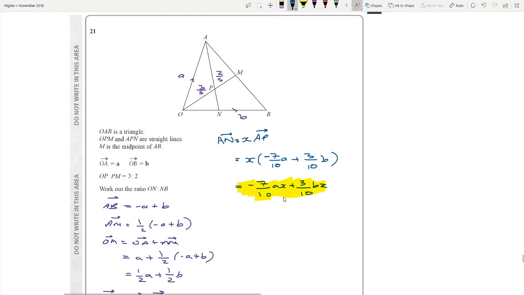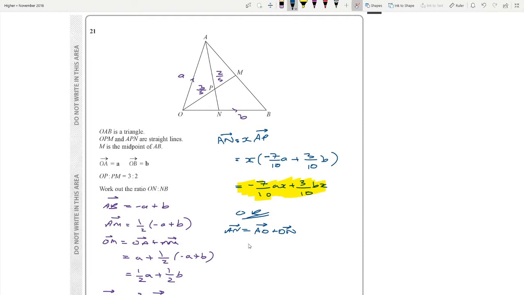So let's now show an alternative way that we can get the vector AN. Vector AN we can get by AO add ON. Well, AO is easy.